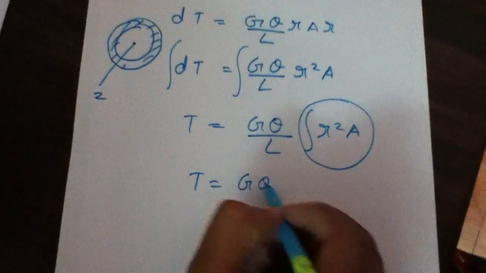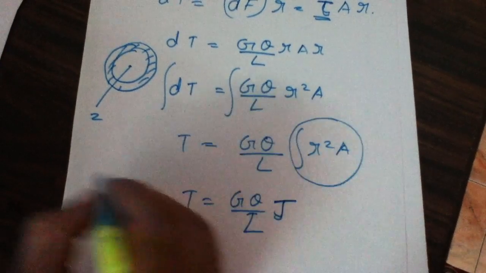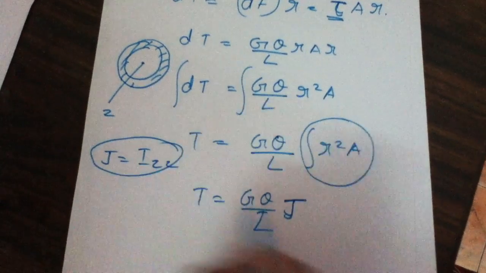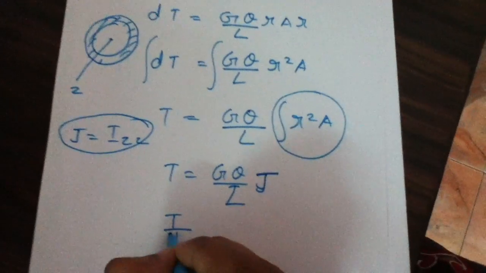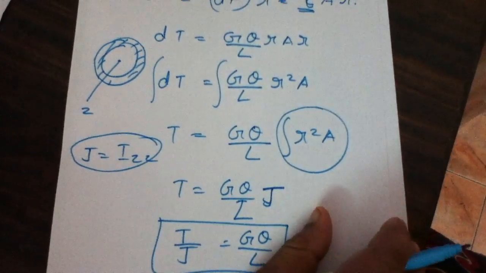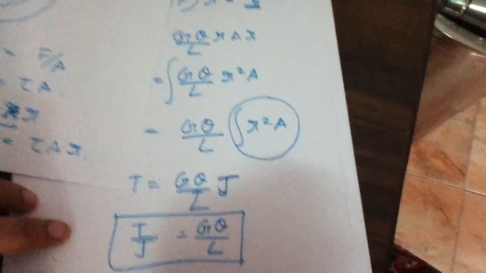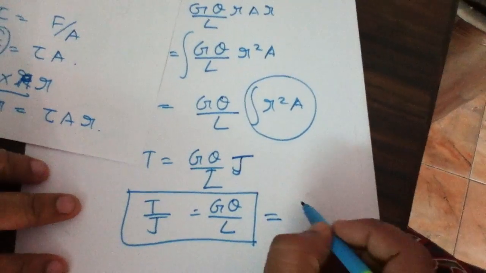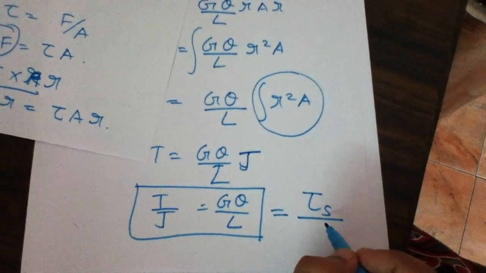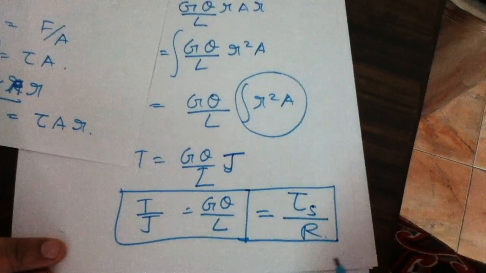So torque is equal to G theta by L into the polar moment of inertia, which we denote by J. So let us say J is equal to I zz, and I am representing it by the J notation, so T by J is equal to G theta by L. And we already have shown that we derived this, and now finally we got a conclusion that it is equal to torsional stress by R. That's all. Thank you for watching it.